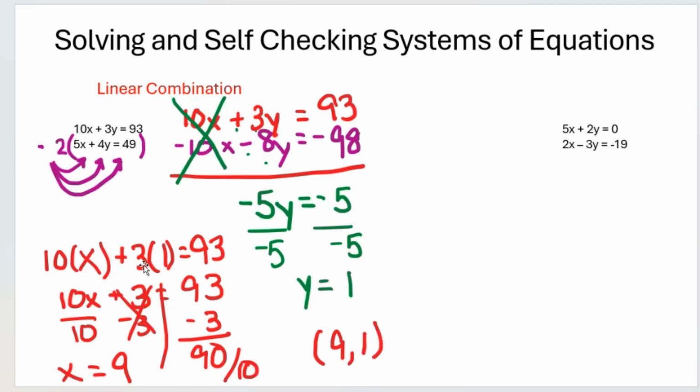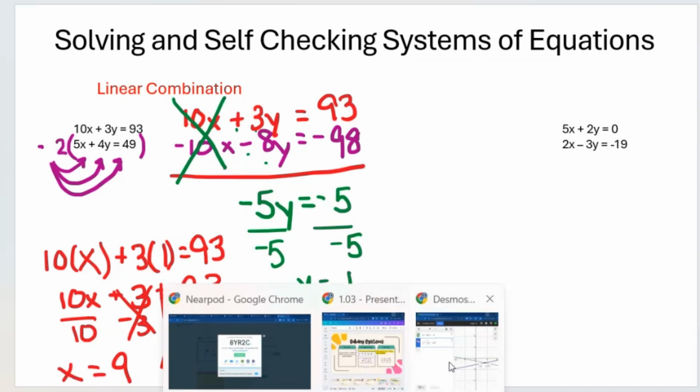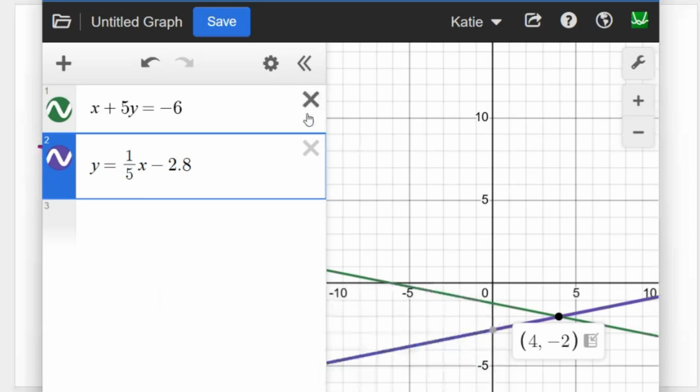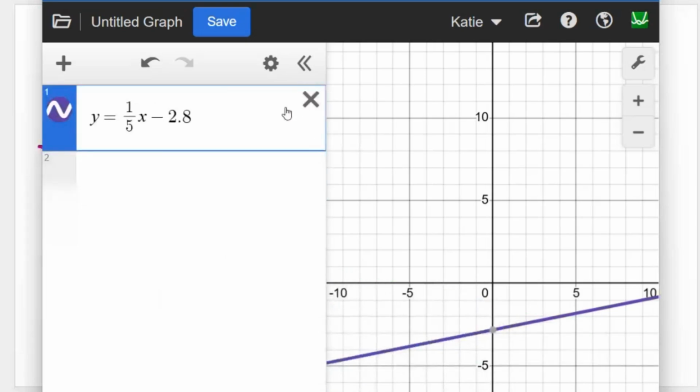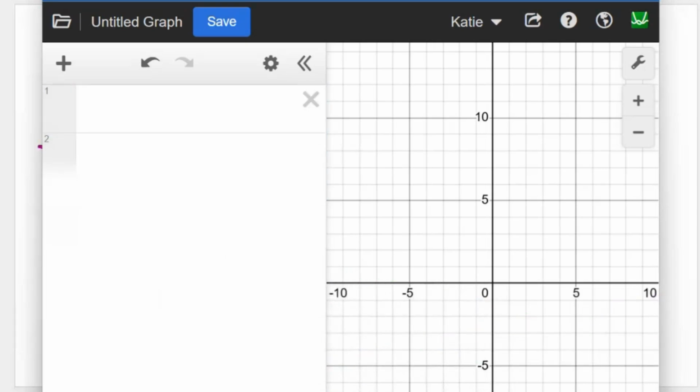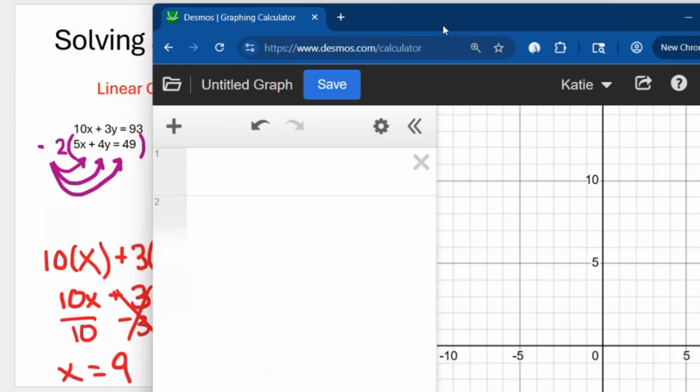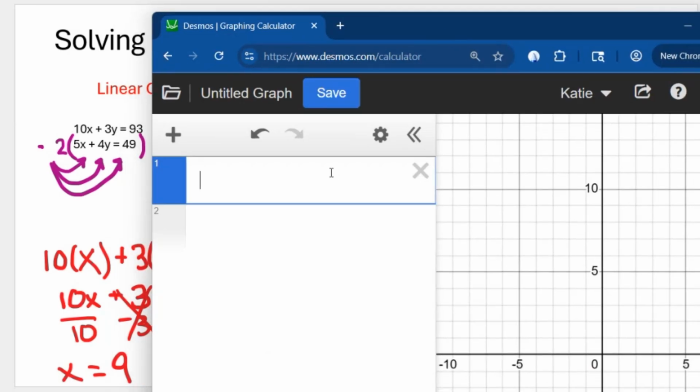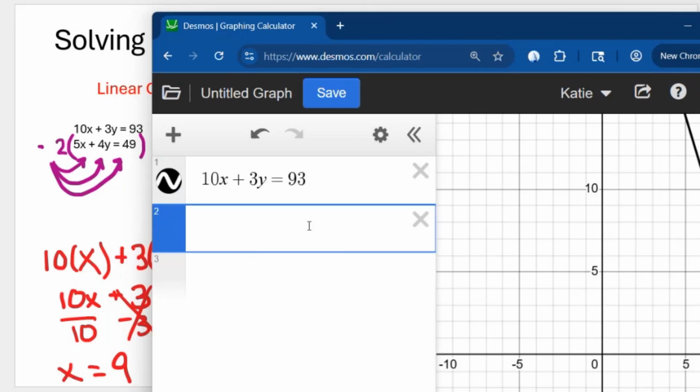We can substitute the values into the second equation and make sure it works. We can also use our graphing calculator and graph both of those equations as original equations. So 10x plus 3y equals 93, and 5x plus 4y equals 49.